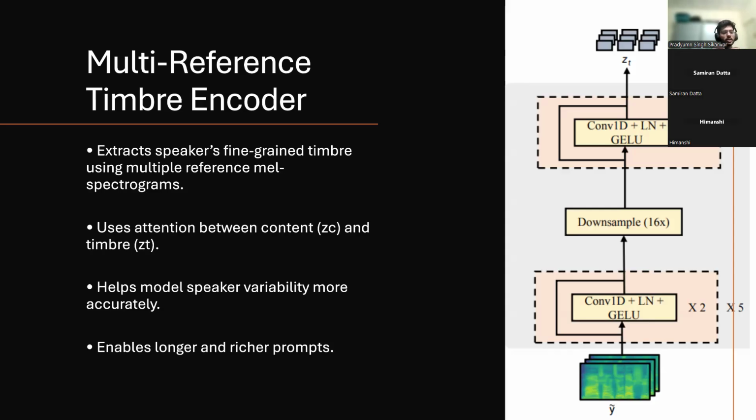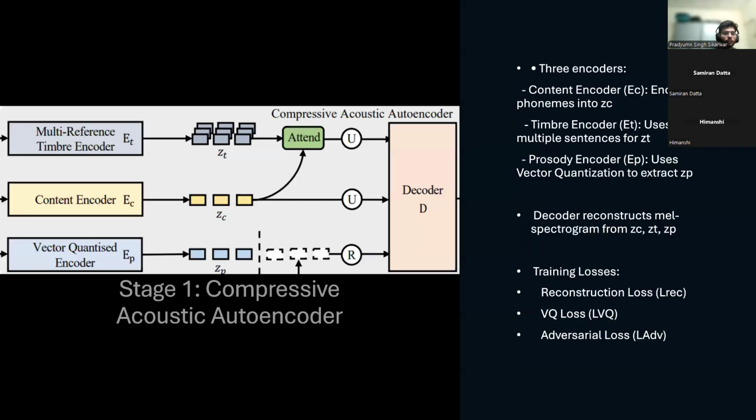So basically, if you remember the previous architecture diagram, in this diagram you can see that the ZC that is generated from the content encoder will be a query, and the ZT will be a key and a value.